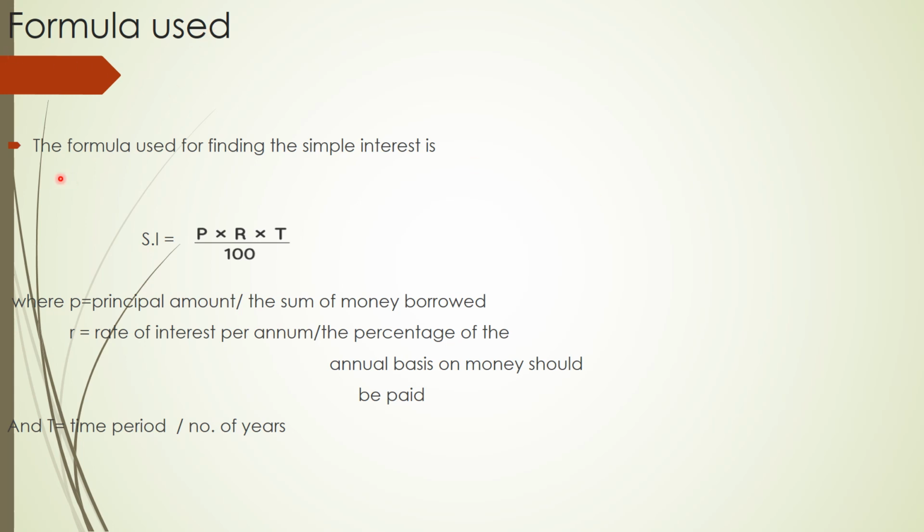The formula used for finding the simple interest is SI equal to P into R into T divided by 100. Here P is the principal amount, or the sum of money borrowed, as I said earlier, the loan amount. R is the rate of interest per annum, the percentage on the annual basis on money which should be paid.